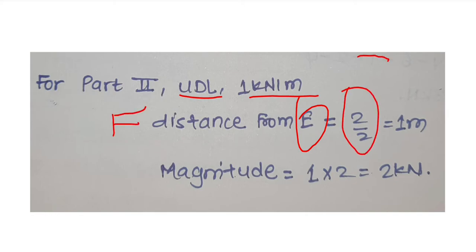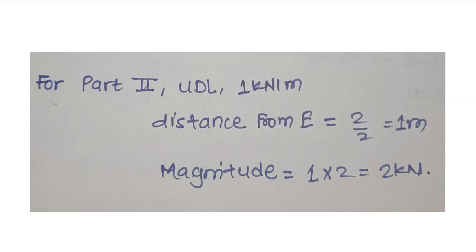Why 2 by 2? The span is 2, and we divide it by 2 to find the midpoint. So we get 1 meter.